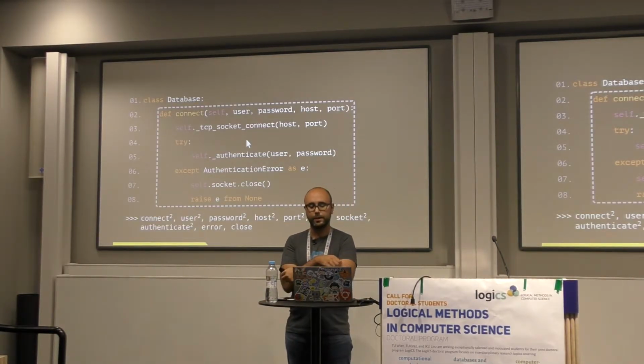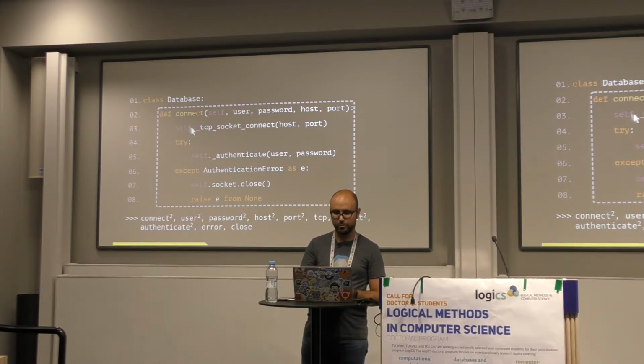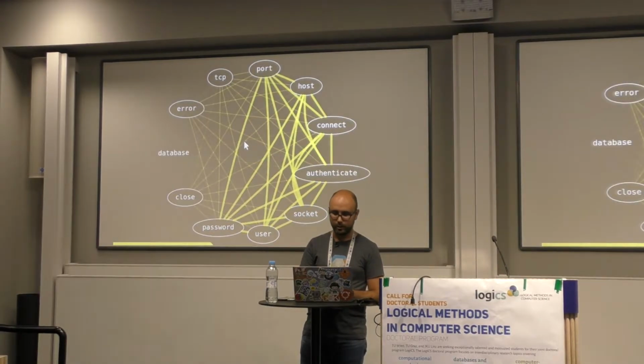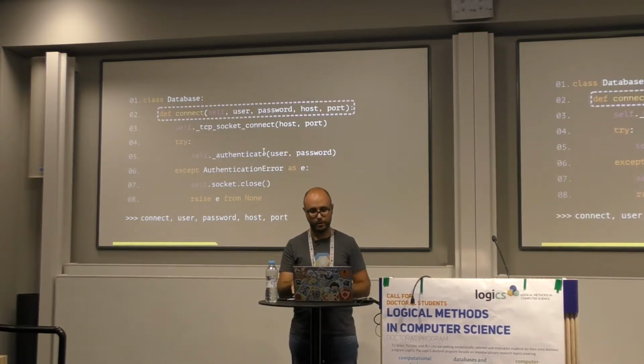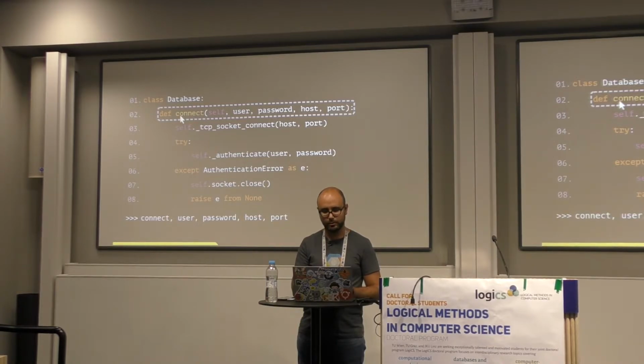So we traverse the AST, and we just go to a particular function, do exactly the same, and increment the corresponding values of co-occurrence. And as you see, some of the edges become brighter because these identifiers appeared in the same function. Then we go to the corresponding AST node, which defines the function declaration.